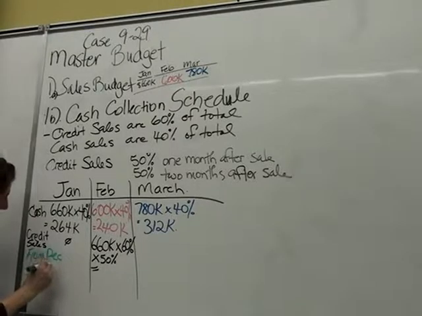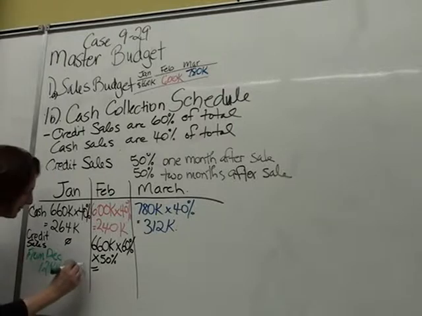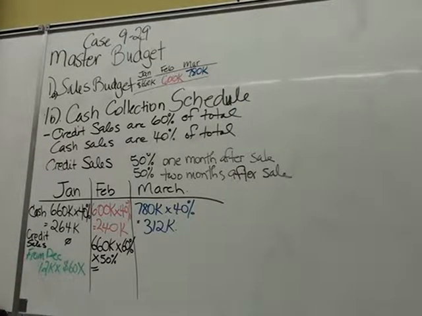So 12K times $60, because that's how we got that, right? Times 50%.